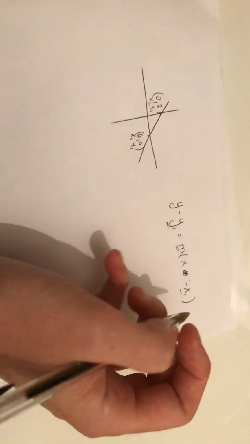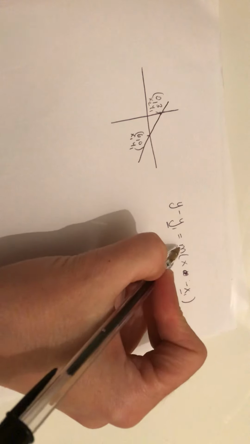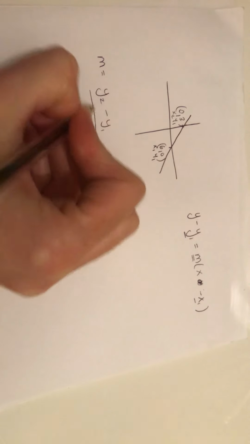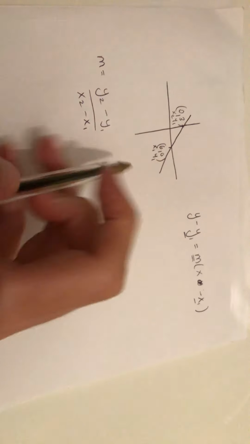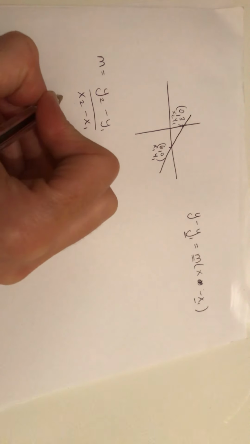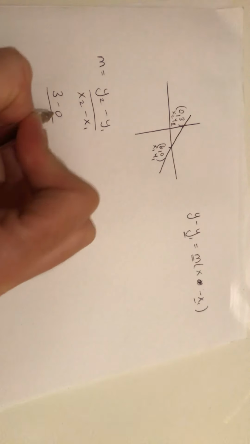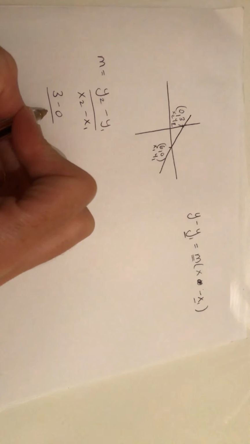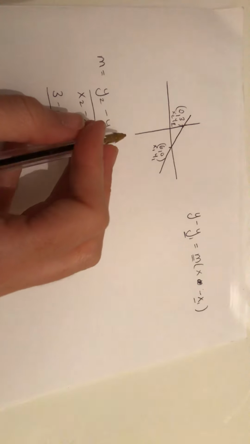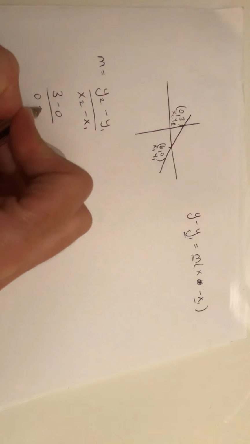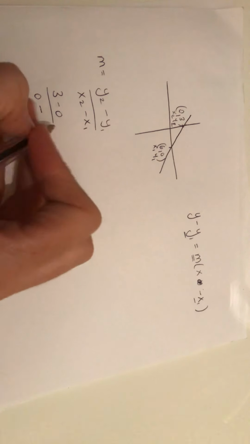So I asked you to find the equation of the line. Let's go for the slope first. If you look in your log tables, you will see a formula for slope. Y2 minus Y1 over X2 minus X1.